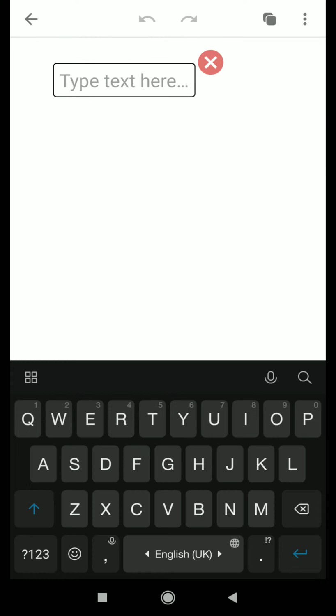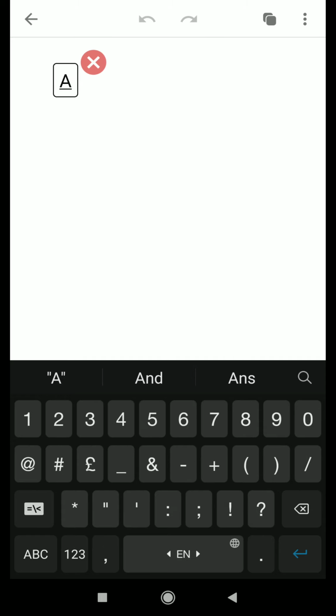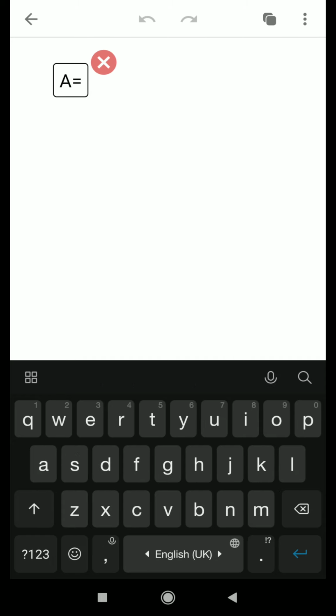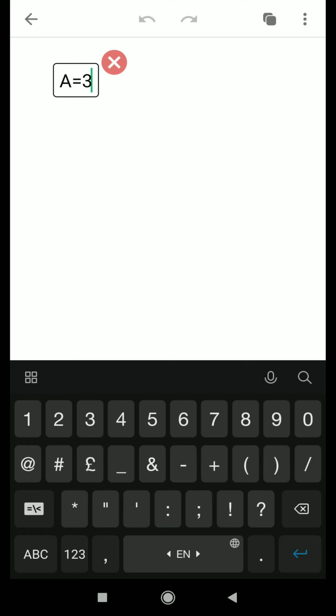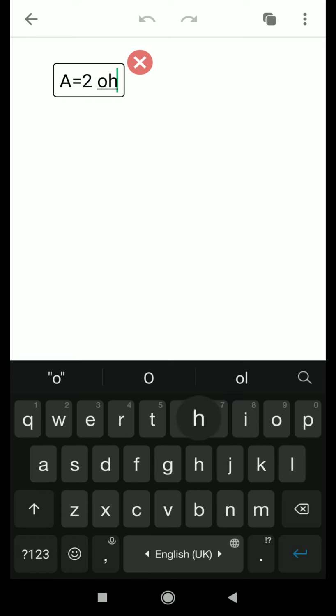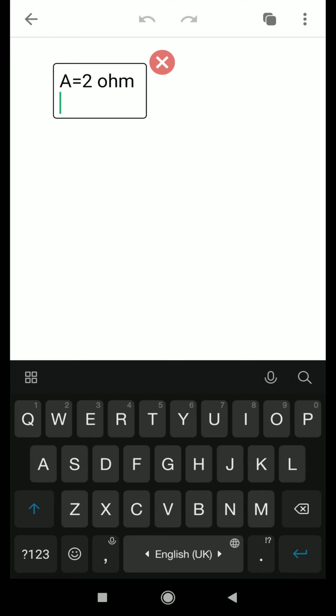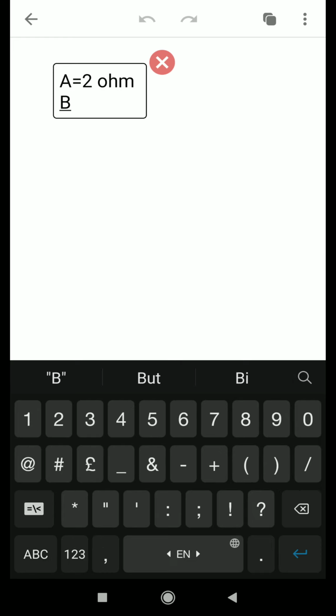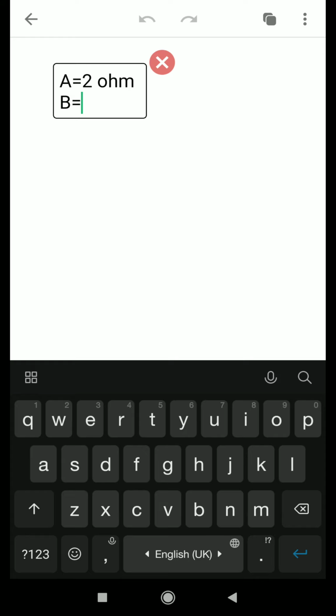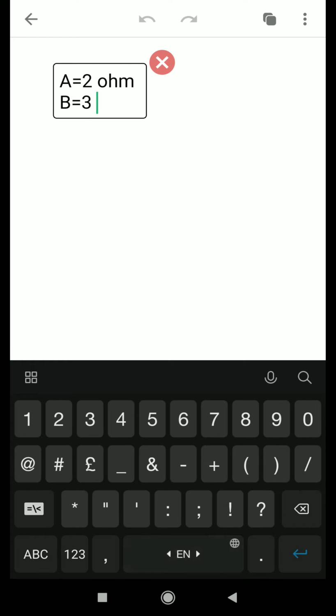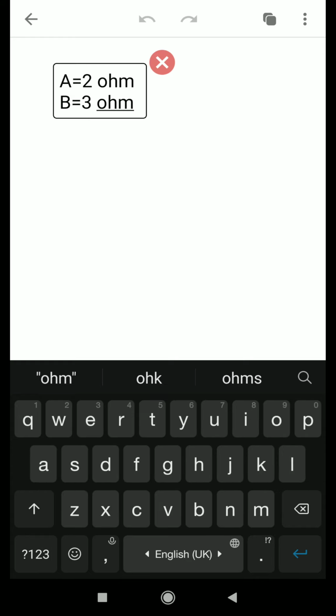If the resistance of A is 2 ohm and B is 3 ohm. Clear?